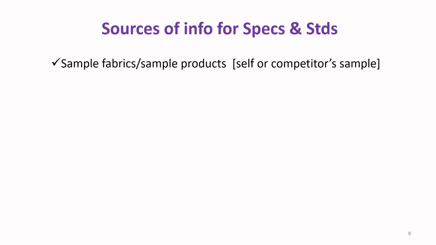Or even if someone is sending you the sample products, then they will also give you the details. If you are producing that sample, then you must ensure that the merchandiser or the designer who has got the product developed, who has got the sample made, they should include all the details on the sample tag.